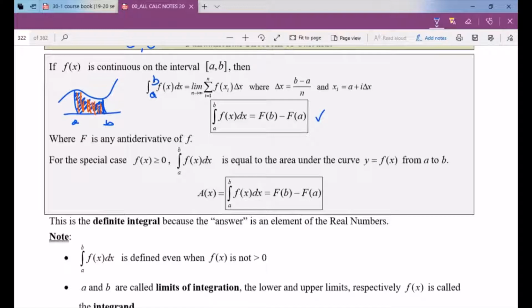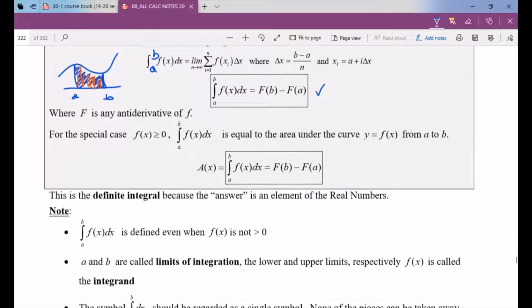It is called our definite integral because it's on a defined interval from a to b, instead of an indefinite integral, which always ended up with your plus c on the end because we didn't have our limits of integration. We didn't have a lower and upper bound to this.